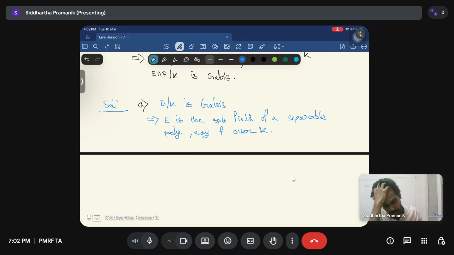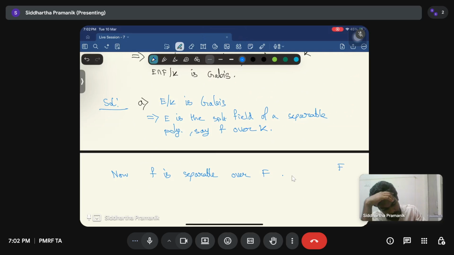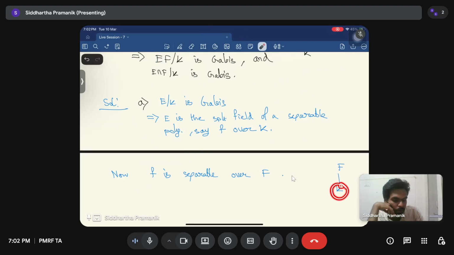That is one of the equivalent conditions for an extension to be Galois. So now f is separable over F also, because separability means just having distinct roots in some splitting field. f is separable over K, because here we have F, here we have K. So it is separable over the smaller field, it will automatically imply it is separable over the bigger field.